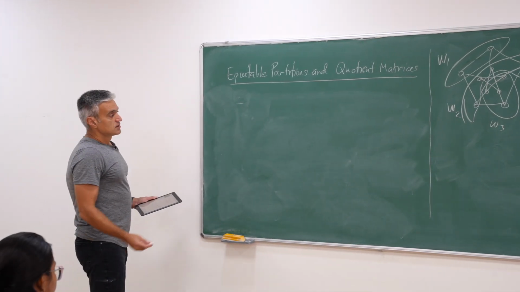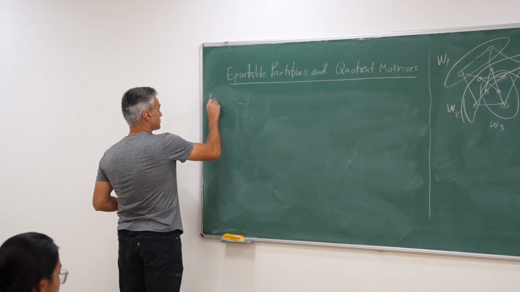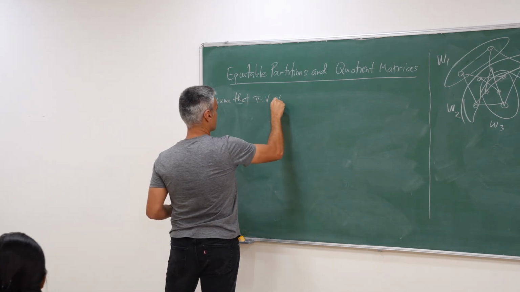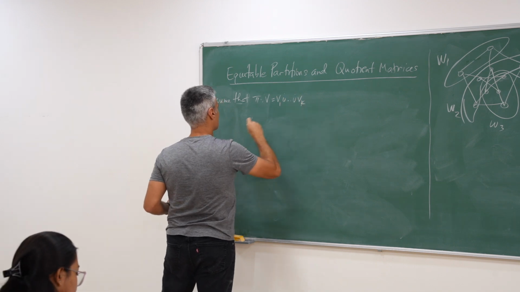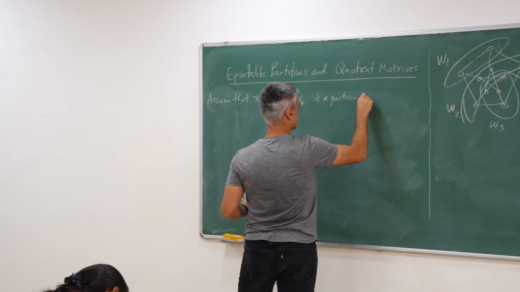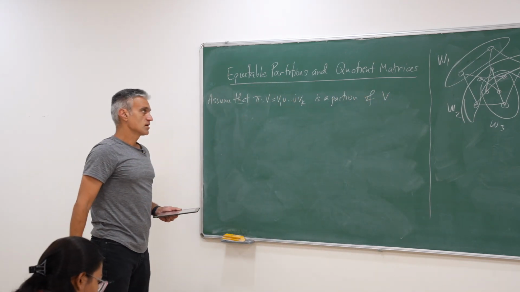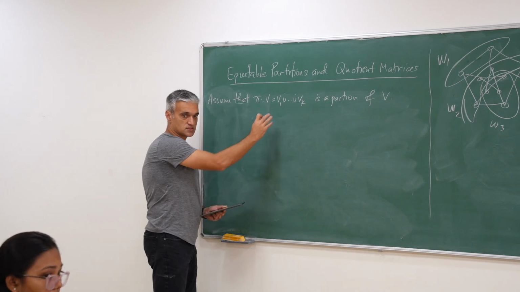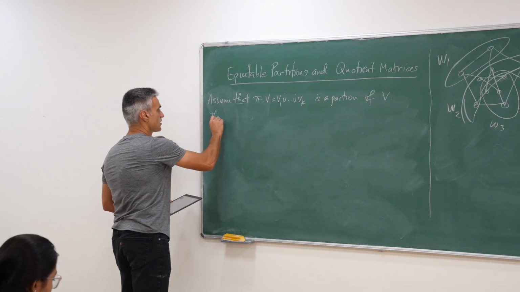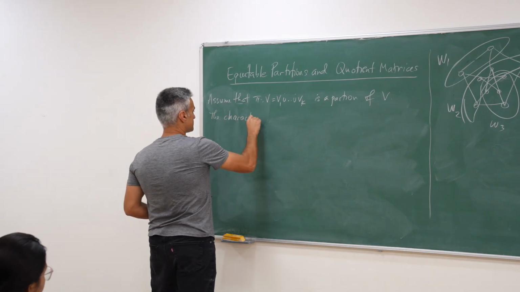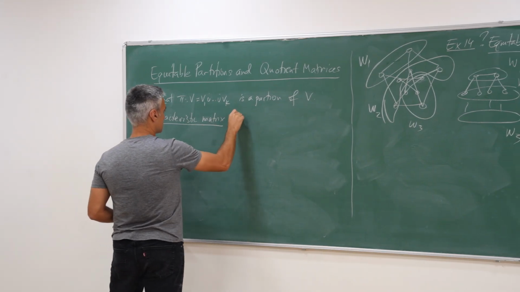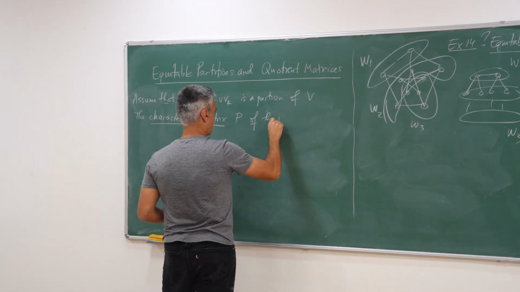So, as before, let's assume that pi, V equals V1 union ... union Vk, is a partition of V for a graph. Now we can collect the information of this partition into a matrix, and the matrix is going to be very simple. So the characteristic matrix P of the partition pi.